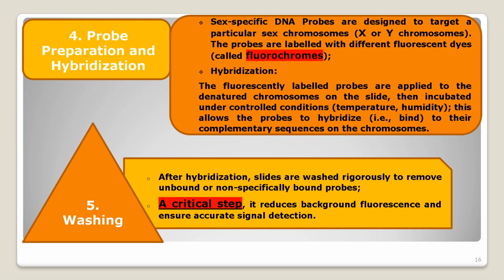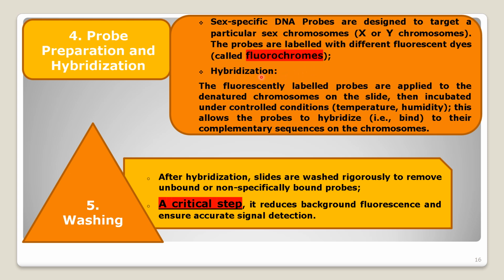The third process is known as probe preparation and hybridization. During this time, sex-specific DNA probes are designed to target a particular sex chromosome, be it the X or the Y chromosome, and the probes are labeled with different fluorescent dyes. These fluorescent dyes are called fluoroprobes.